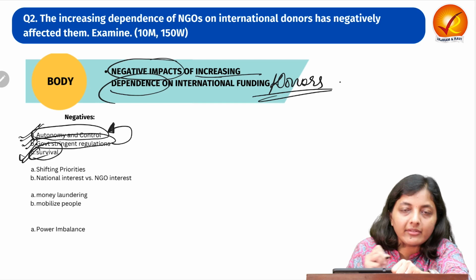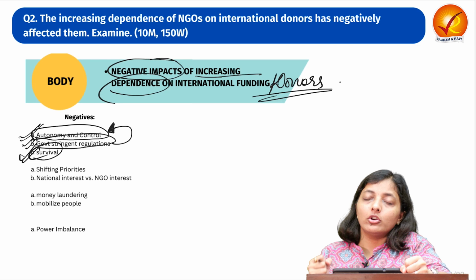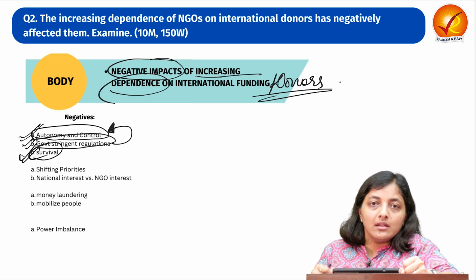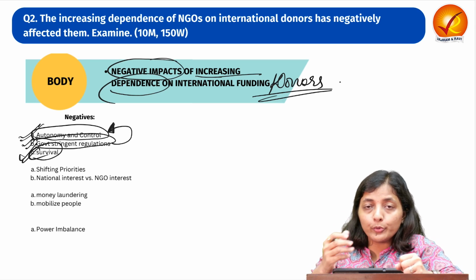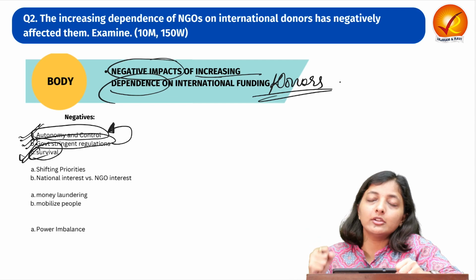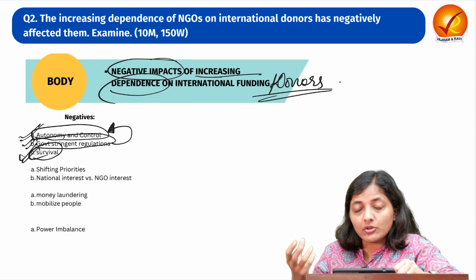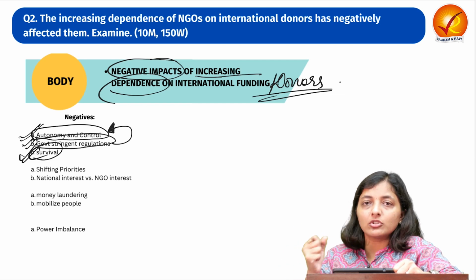Then next comes survival. When the NGO is heavily reliant on international donations or funding, and this suddenly stops, it uproots the whole survival of the NGO. This is the major issue, because now the NGO is not self-sufficient. Its working is not sustainable.